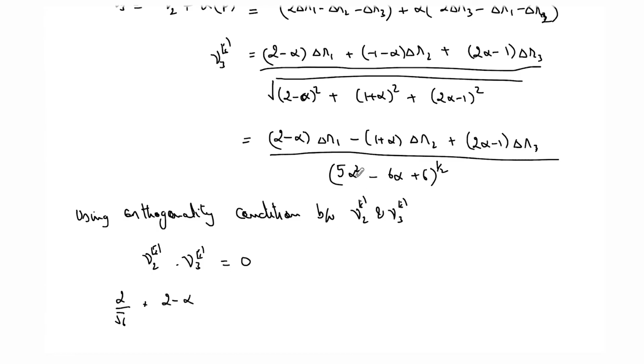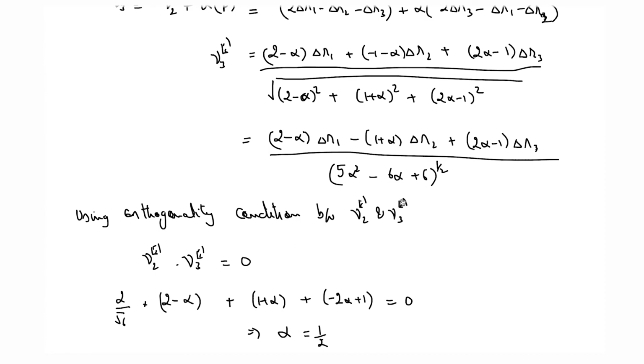Actually this normalization is not required, because it will be a common factor in all three, so this will go to 0 anyways, right? So it's not required to put it here. Plus 1 plus alpha plus minus 2 alpha plus 1 equal to 0, and this gives me alpha equal to half.